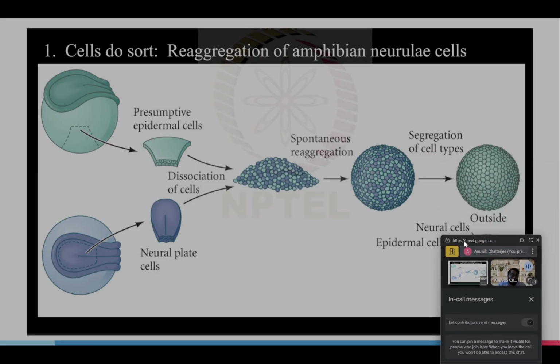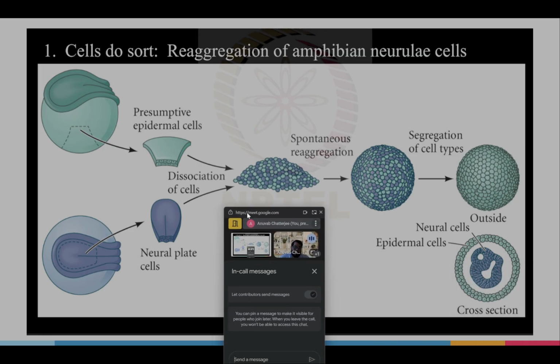Once they pooled the cells together, they saw that something interesting happens. They spontaneously re-aggregated. So they formed a ball of cells, and this ball of cells actually was able to resegregate into the neural cells being inside and the epidermal cells being outside.